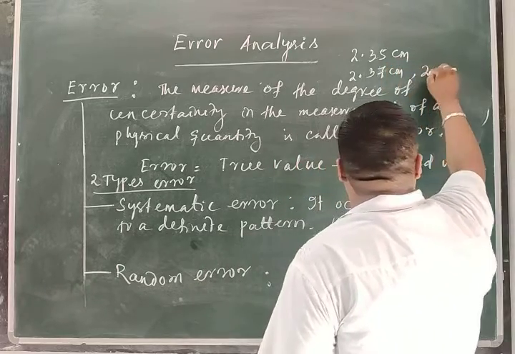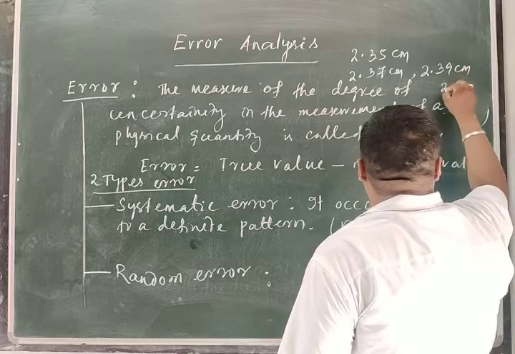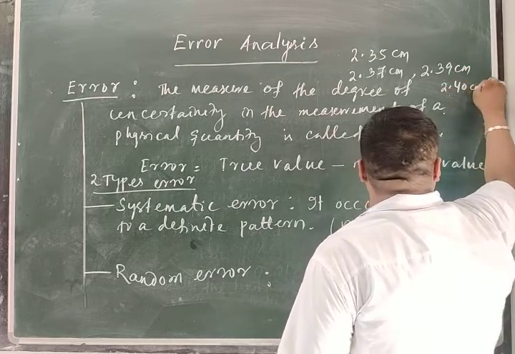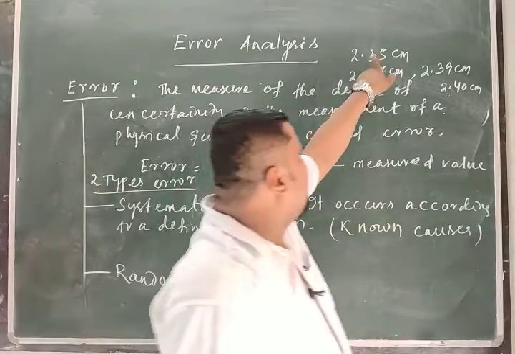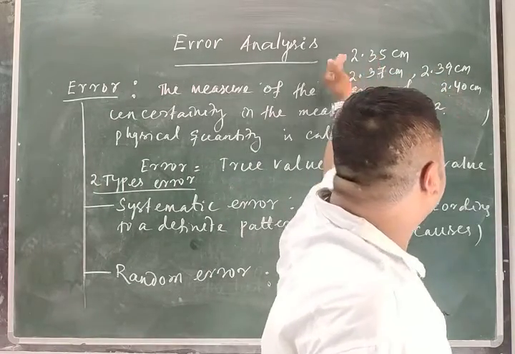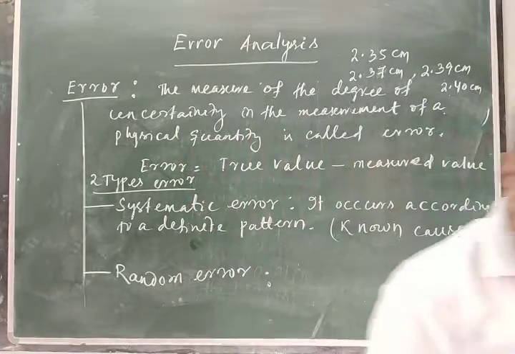Then I got 2.39 cm, then I got 2.40 cm, like that. So this is called systematic. Means I always got the error on the higher side.